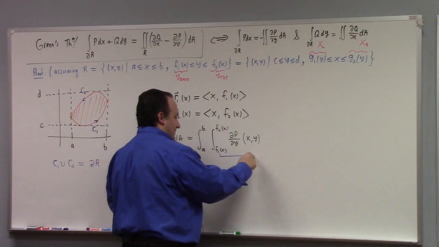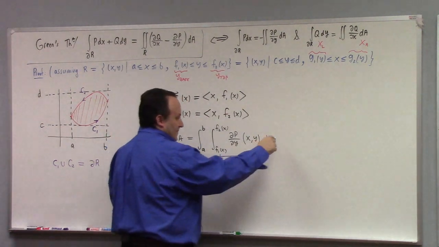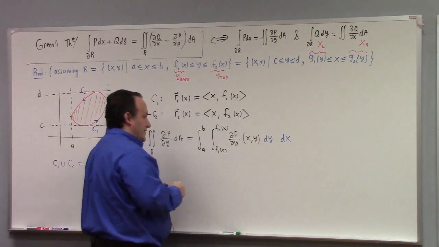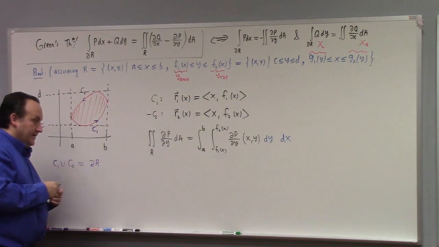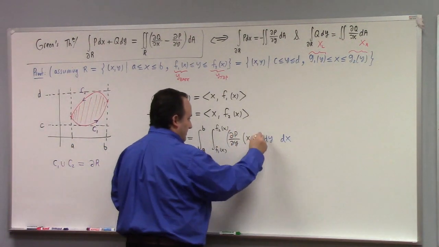So this right here binds us to dy, and that binds us to dx second, right? Because the outer bound is the inside out, right? Okay, so look at this inside integral. What are you up against here?